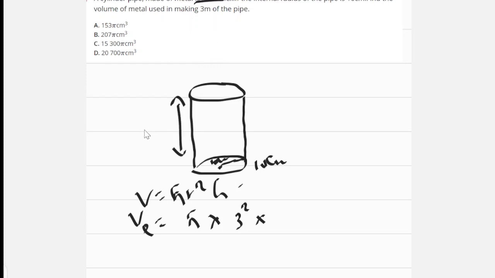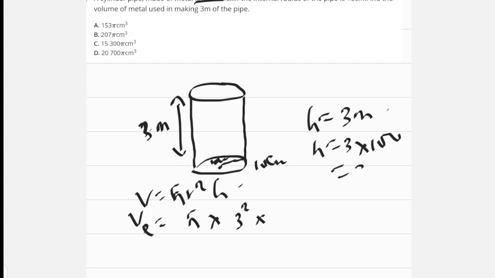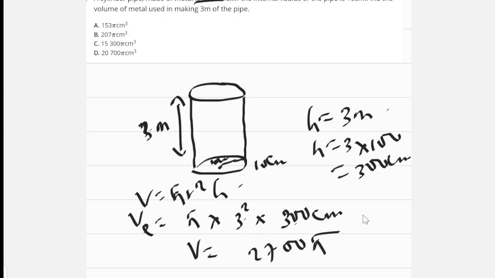Your h is 3 meter. Since we have our radius in centimeter, let us convert this to centimeter. That's 3 times 100, which gives me 300 centimeter. So my h is 300 centimeter. Then my V will be 9 times 3, that's 2700 pi.